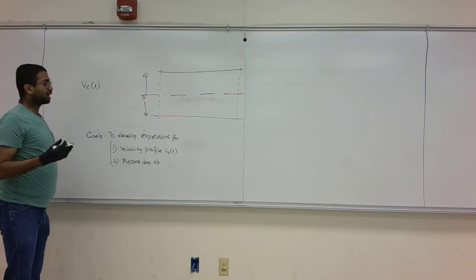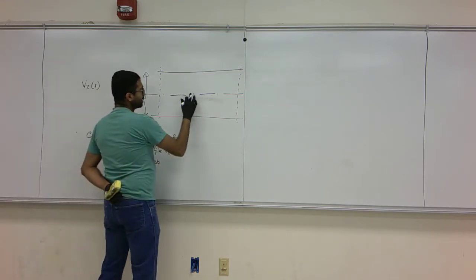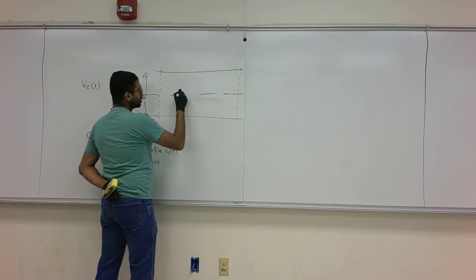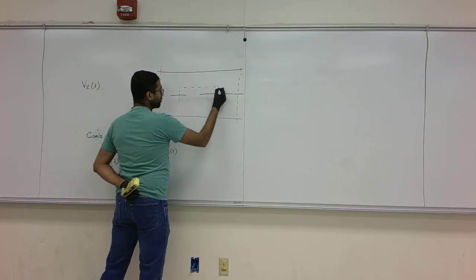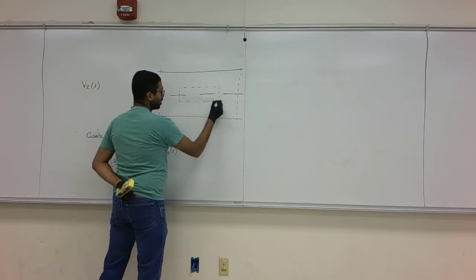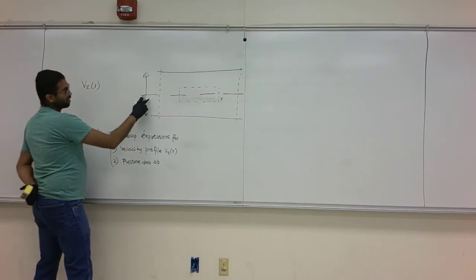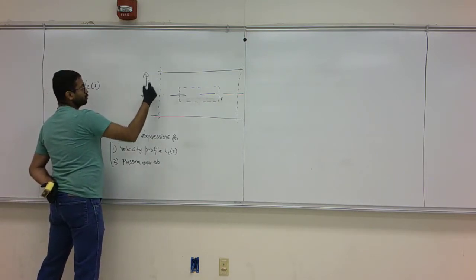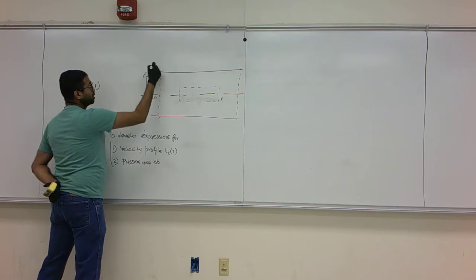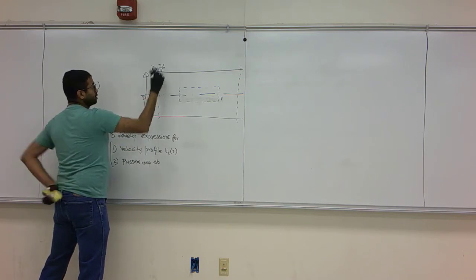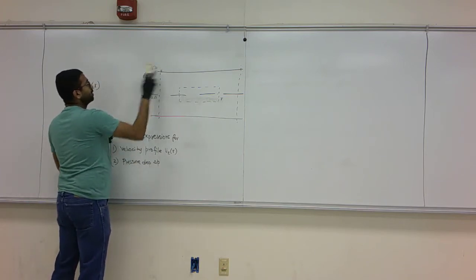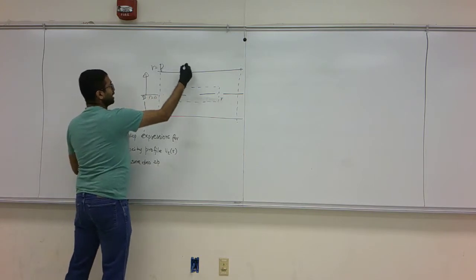To do that I'll start by considering a differential fluid element whose radius is r, which is a variable, but the radius can vary between 0 and d by 2. This is r equals 0, this is r equals d by 2 at the wall.